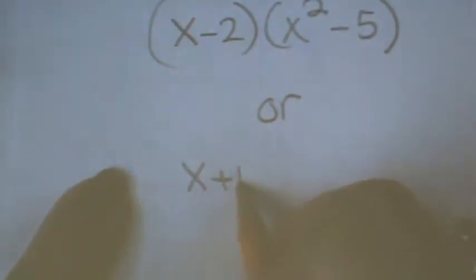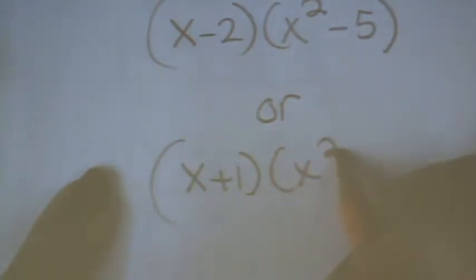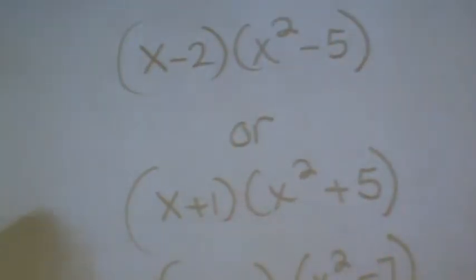Now, I'm gonna have you figure something out on your own right now. This is a discovery moment. If I gave you this problem, or if I gave you this problem, or if I gave you this problem, let's do these really quick.